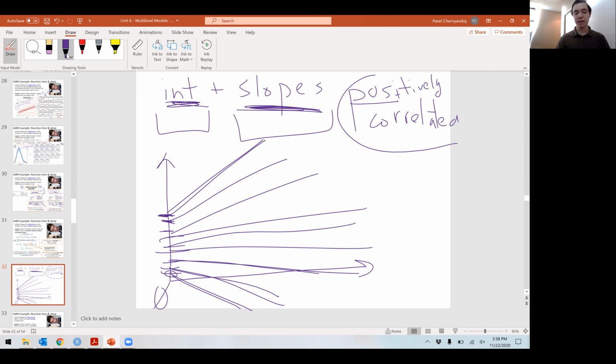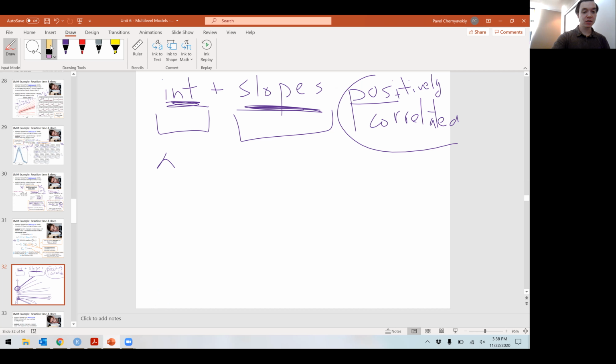This is also common in public health. States that have a high risk of opioid mortality to begin with, at the year 1990 or whatever, 1980, tend to increase faster. States that keep their risk low initially tend to decrease or stay flat. So positive correlation between intercepts and slopes is quite common.